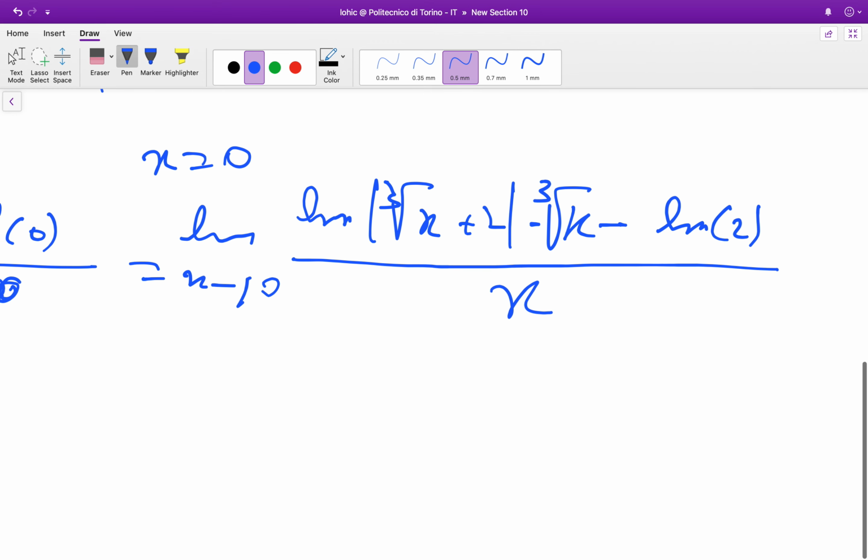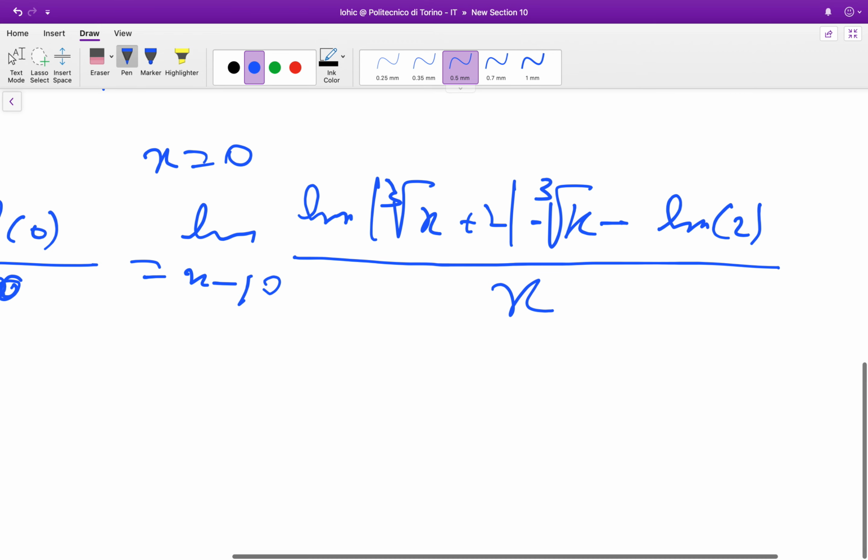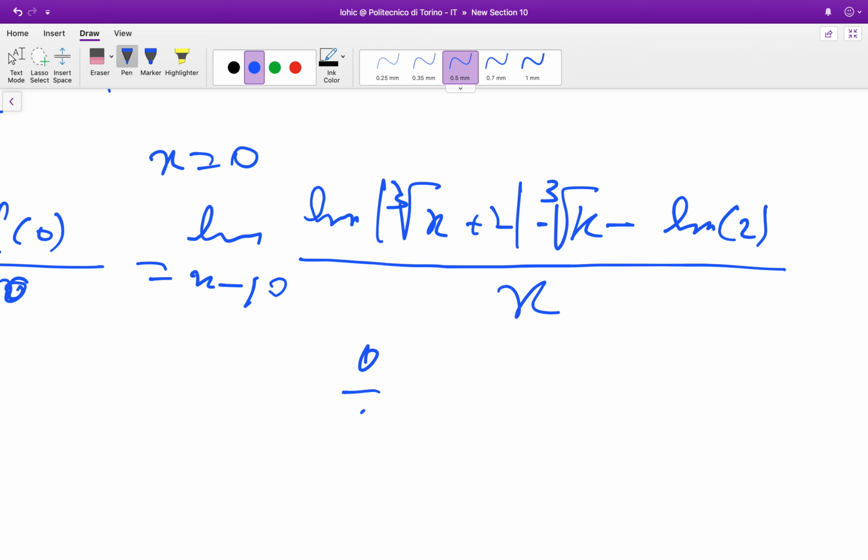Okay, so how do I find this limit? Keep in mind that if you substitute, it is a kind of 0 over 0, so it's an indeterminate form.